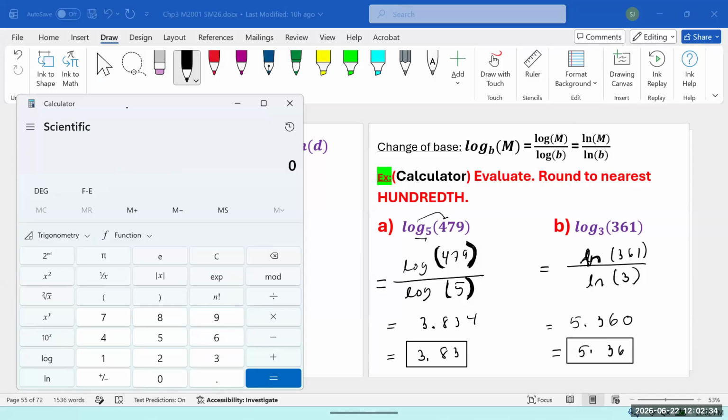Now, if you punch 361 log, it's 2.557, right? If you punch in 361 ln, it's different, 5.88. If you punch in 3 log, it's 0.477. If you punch in 3 ln, it's 1.09. So all 4 numbers are different from one another.